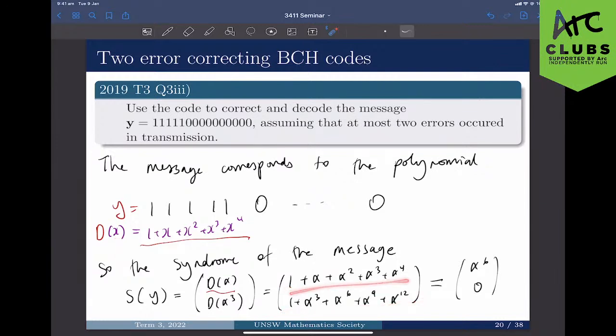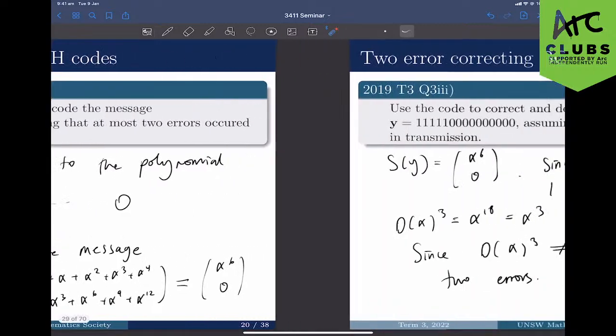With these two entries, we look at the table of the values of the powers of alpha, and this simplifies into these two entries. So d of alpha is equal to alpha to the power of 6, and d of alpha cubed is equal to 0. Straight away, we see that the syndrome is not fully 0. That means there is at least one error, and at most 2 errors.